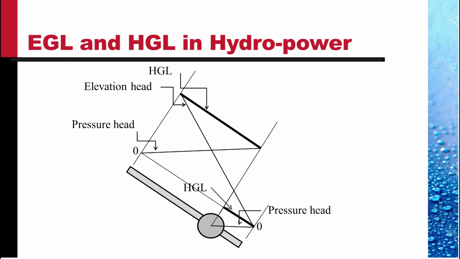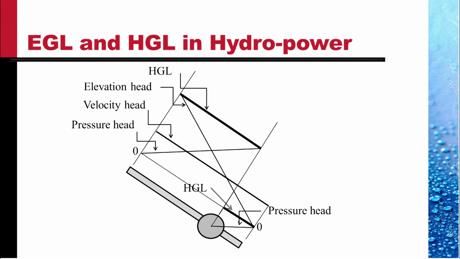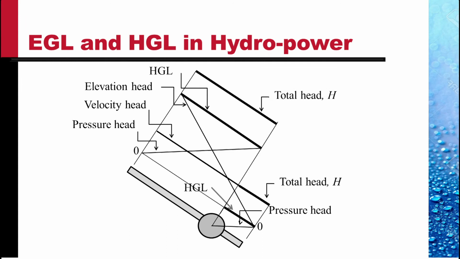The hydraulic grade line here is a constant value. The velocity head is constant through the pipe if we assume the diameter of the penstock and the tail race is constant. The total head is the energy grade line, the hydraulic grade line plus the velocity head, through the pipe. Head extracted by the turbine is shown here.